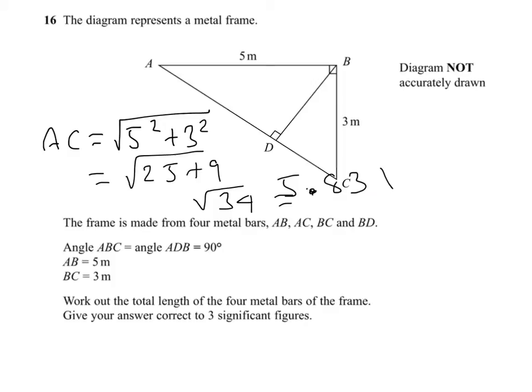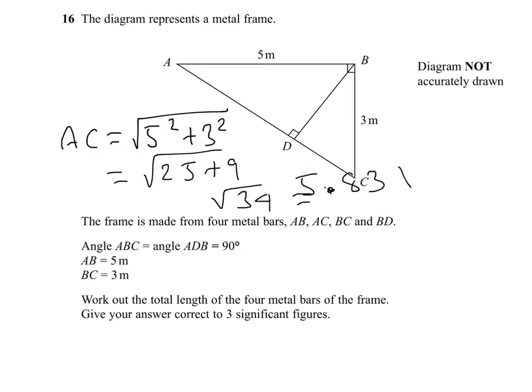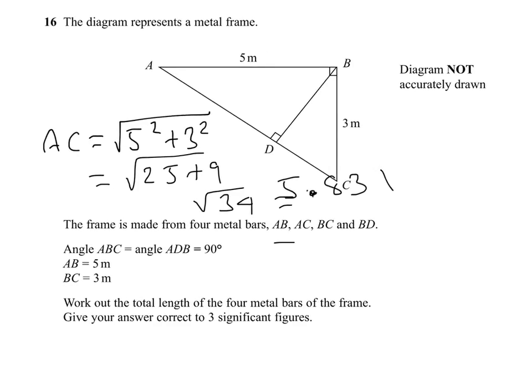So realising that, then you're going to get 5.831 times BD will equal 5 times 3, which is 15. Those are the 2 ways you can work out the area of the triangle. Remember, you don't need to put divide by 2 on both sides, so that will cancel out.